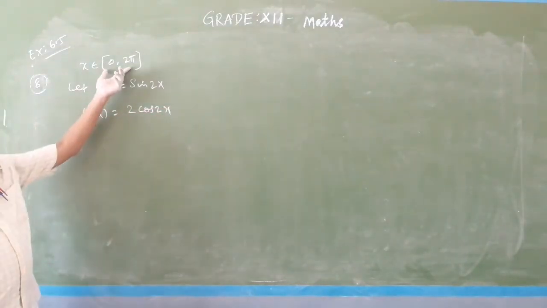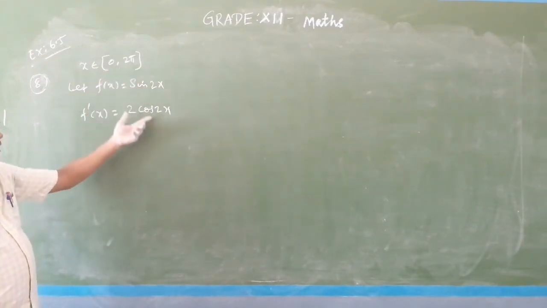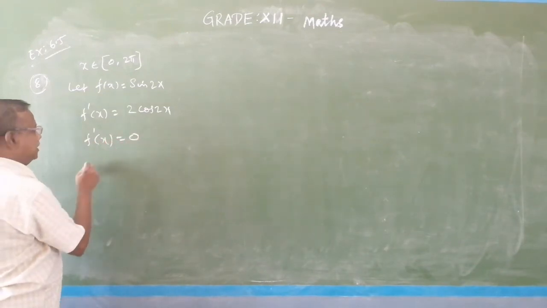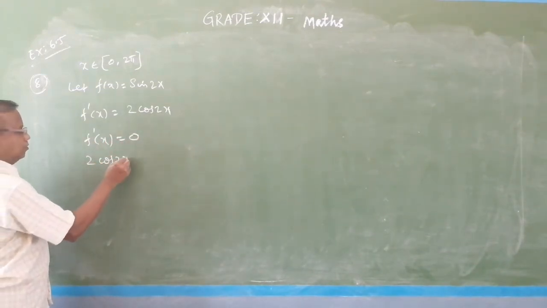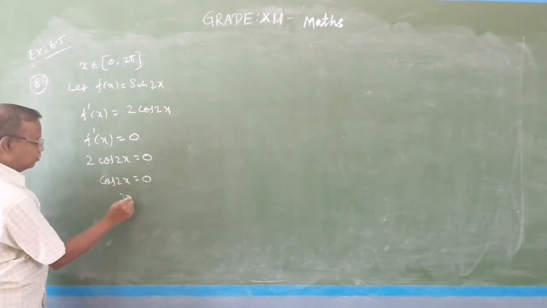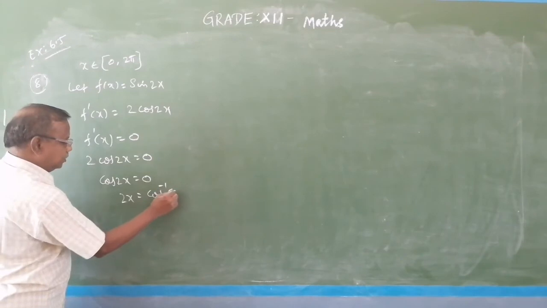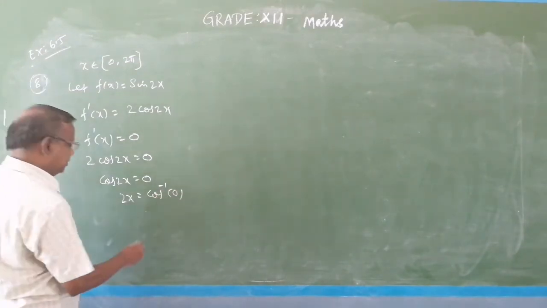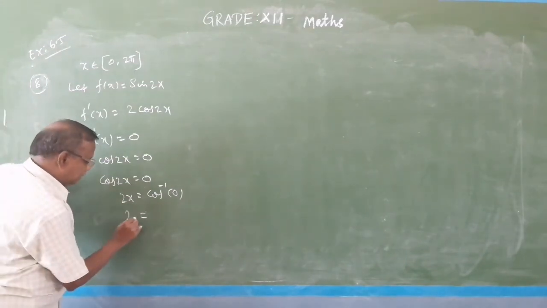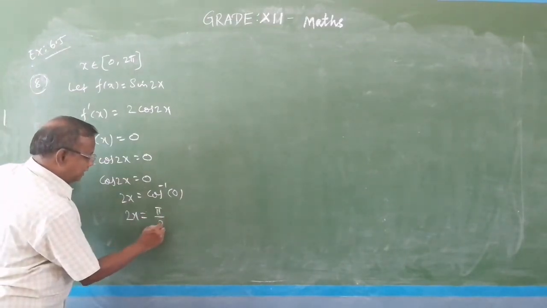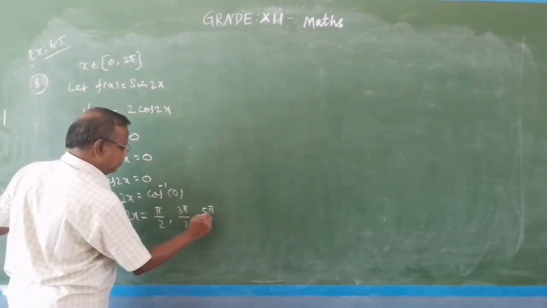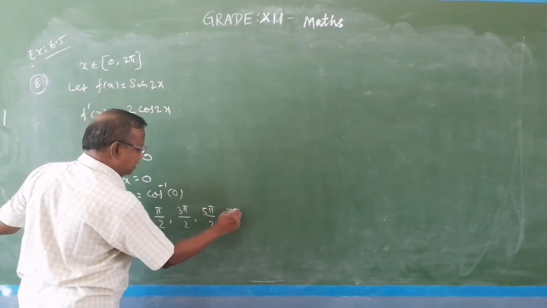We have endpoints of the interval 0 and 2 pi. So, we need to find the critical numbers by putting f dash of x equal to 0. f dash of x equal to 0 means 2 cos 2x equal to 0 or cos 2x equal to 0. So, 2x equal to cos inverse of 0. So, cos inverse of 0 means in the interval 0 to 2 pi we have 2x equal to either pi by 2, 3 pi by 2, 5 pi by 2 and 7 pi by 2.